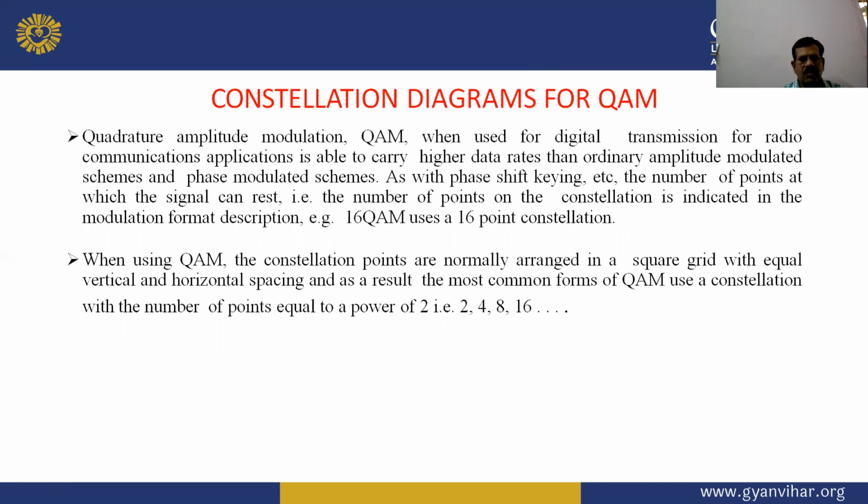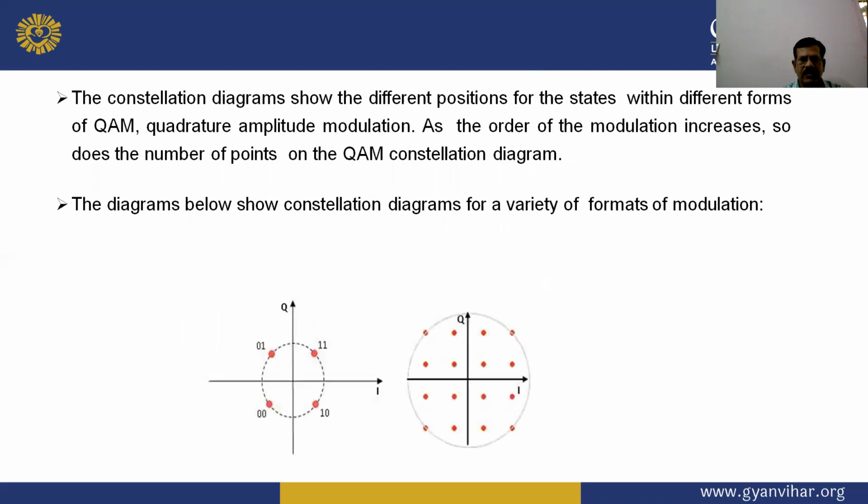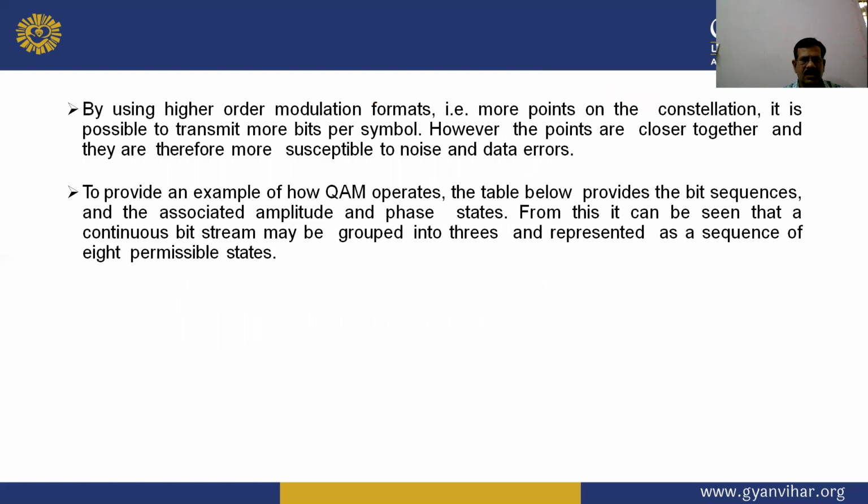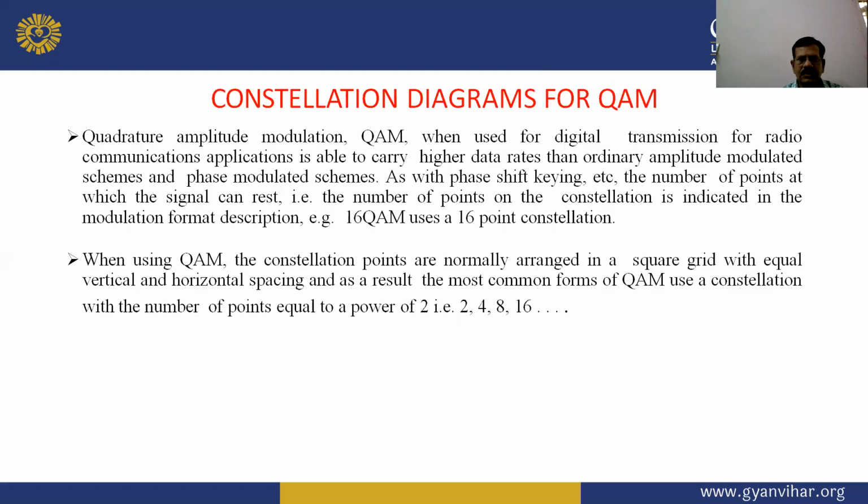Quadrature amplitude modulation, QAM, when used for digital transmission for radio communication applications, is able to carry higher data rates than ordinary amplitude modulated schemes and phase modulated schemes. As with phase shift key, the number of points at which the signal can rest, the number of points on the constellation, is indicated in the modulation format description.